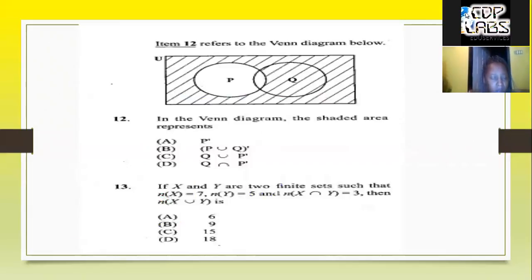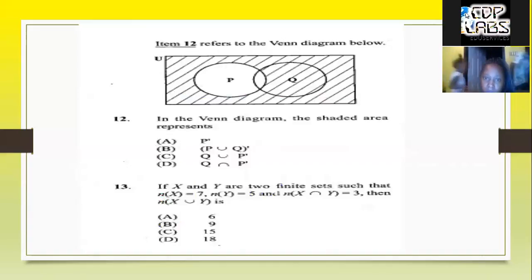Remember, you must try and get yourself familiar. You hear me? Get familiar with the diagram.